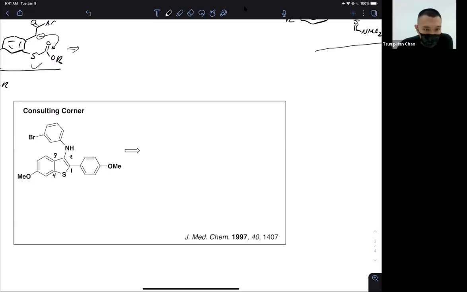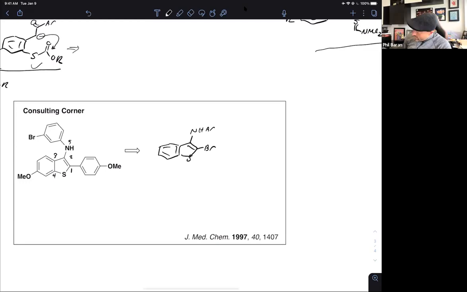Can we cut the aryl bond on C1? Something like this?